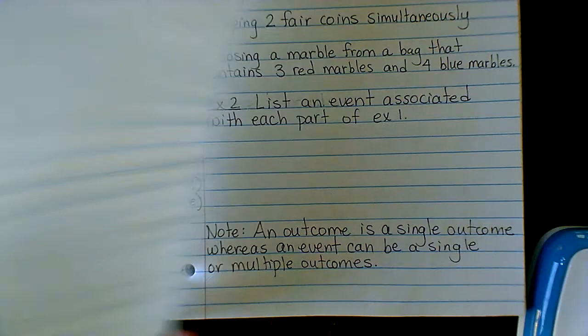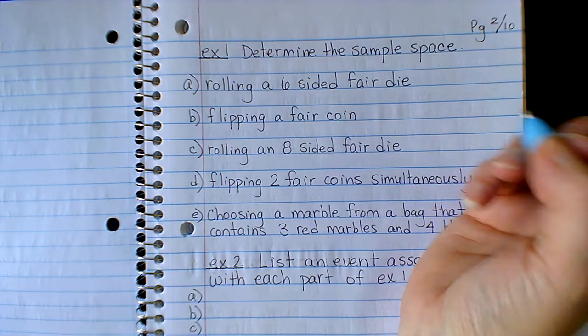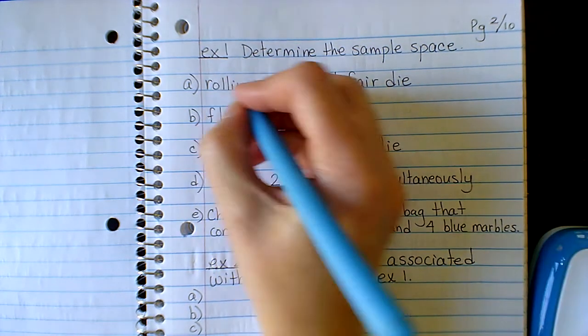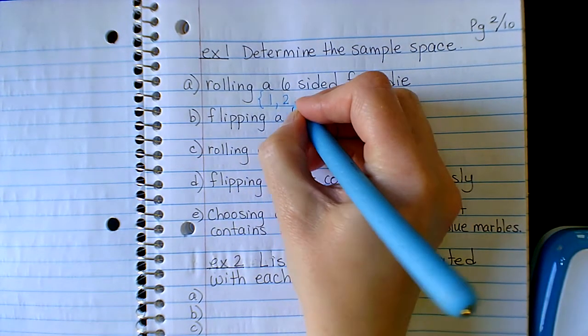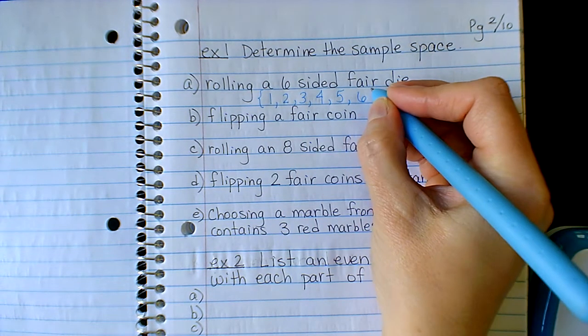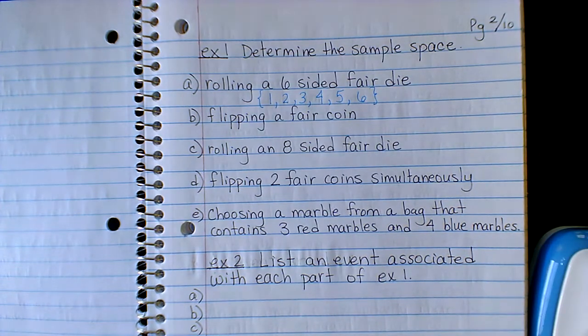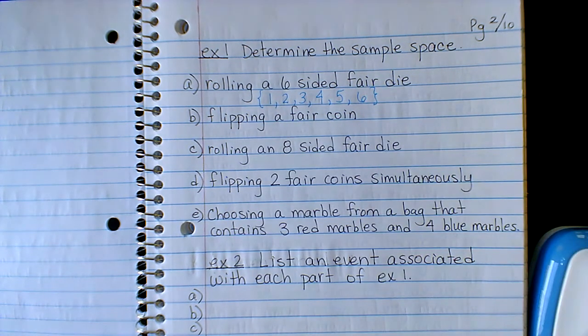So if we're rolling a 6-sided fair die, the set of outcomes would be 1, 2, 3, 4, 5, or 6. We're talking about a standard 6-sided fair die. We know those are labeled 1 through 6. It's not possible to get a 7 or a 12.